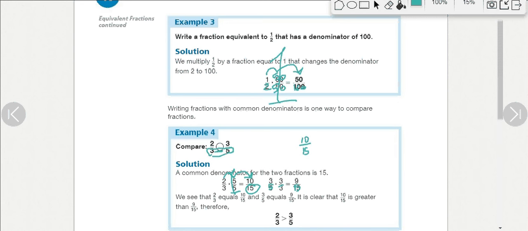So I multiply by 3 top and bottom. Sorry, I shouldn't have done that. 9/15ths is equivalent to 3/5. Why change it? Because it's easier to tell when we have matching denominators. So, which one's bigger? 10 or 9? The left number. So 2/3 was bigger. Rewatch that if you didn't completely follow it. It's very important to understand how to do.